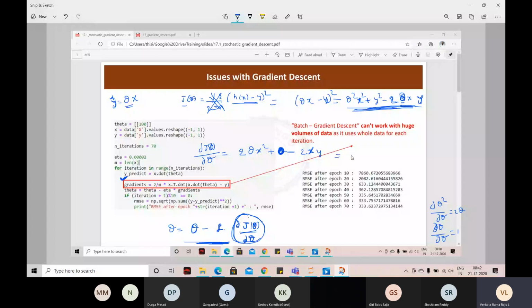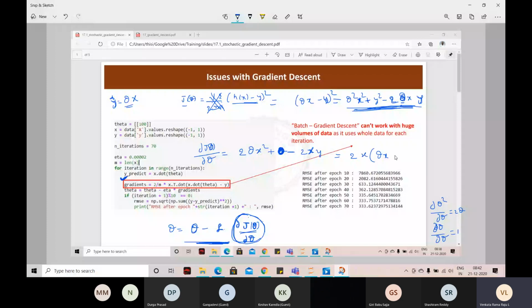So if you take 2x common, it is going to be 2x into theta x minus y. Do you see this formula? This is the gradient.